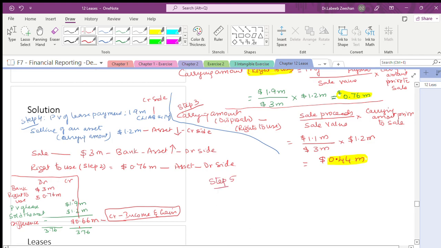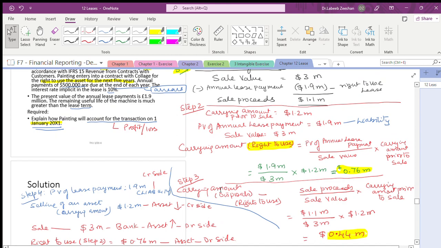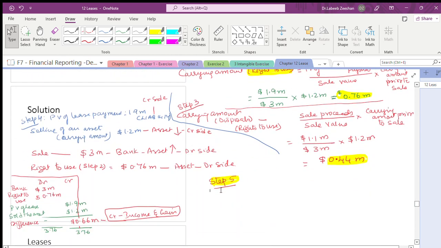Now, the last step. We are integrating so many things. Once it is done, I will repeat it for you. No problem. Now, what happens? See the thing. Carrying amount on disposals, 0.44.